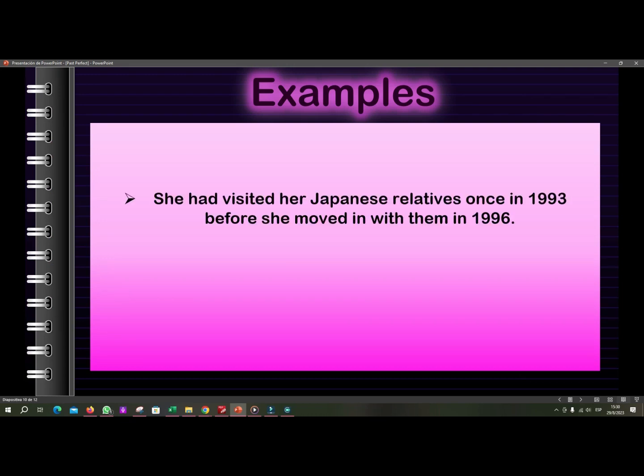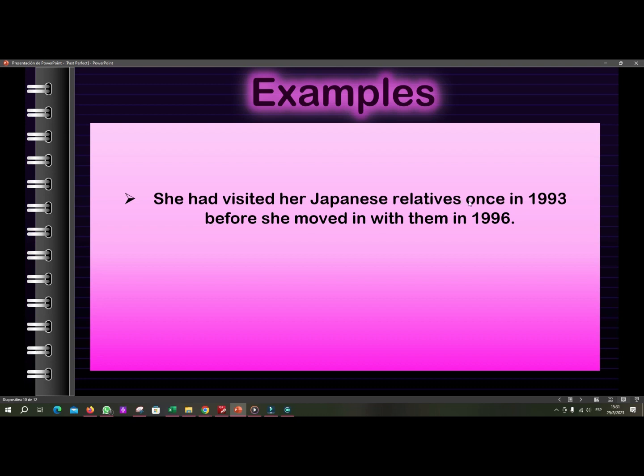For example: she had visited her Japanese relatives once in 1993 before she moved in with them in 1996. So if you notice, we're using the year also, right?